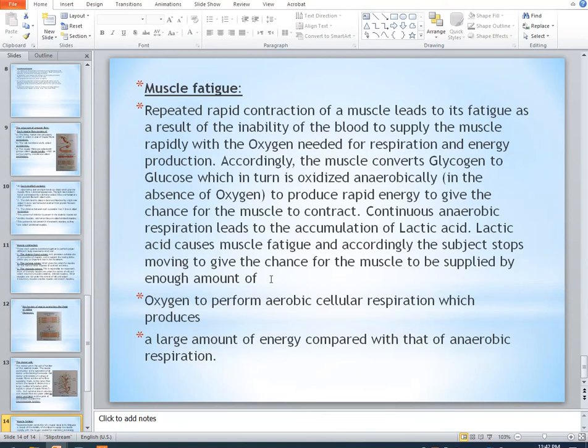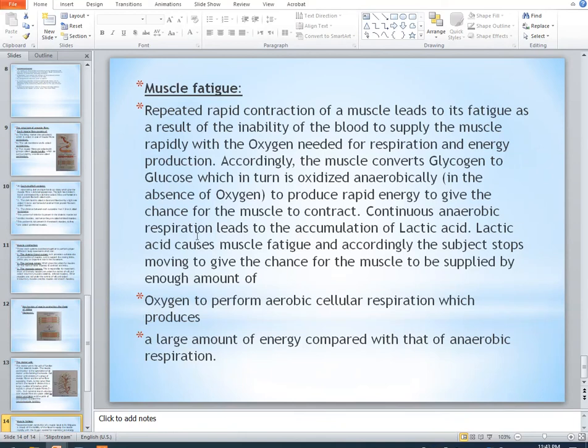Muscle fatigue: repeated rapid contraction of muscle leads to fatigue as a result of the inability of the blood to supply the muscle rapidly with the oxygen needed for respiration and energy production. Accordingly, the muscle converts glycogen to glucose, which is oxidized anaerobically, in the absence of oxygen, to produce rapid energy to give the muscle the chance to contract.